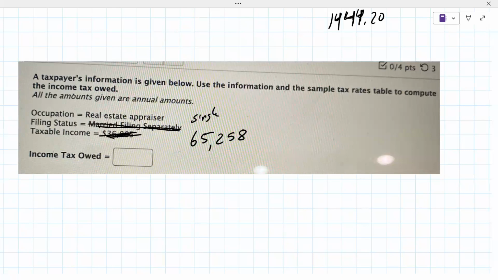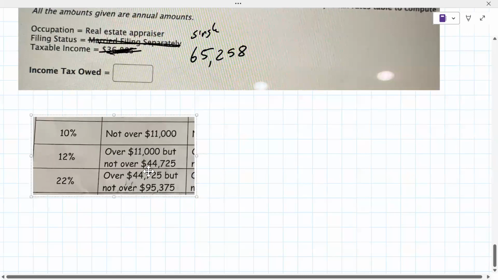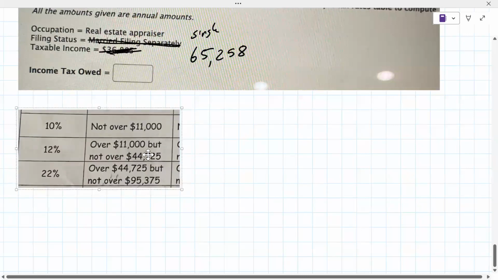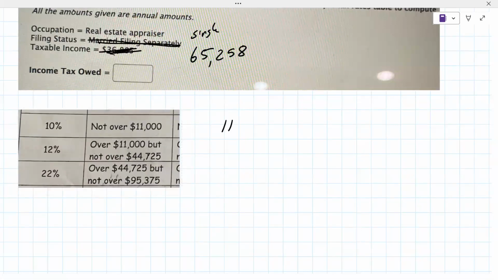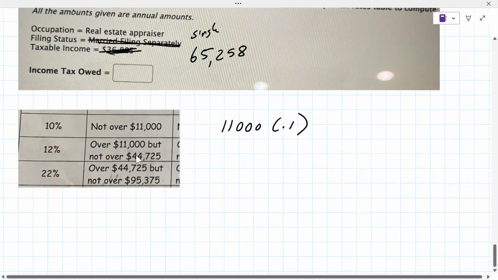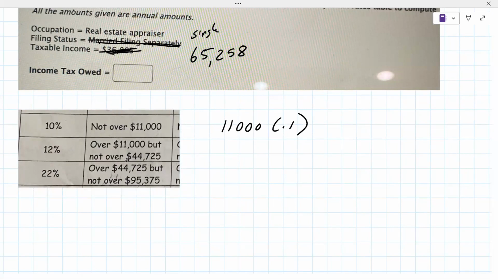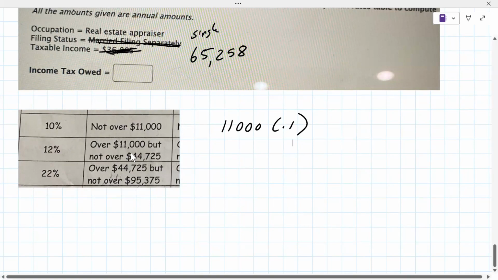All right. So now I'll try to do a better job of explaining this. The way your teacher presented this is not very good because it was very unclear. So here's what's happening. On your first 11,000, you are paying 10%. And on the next chunk of money, 11,000 to 44,725, you're making way more than that.